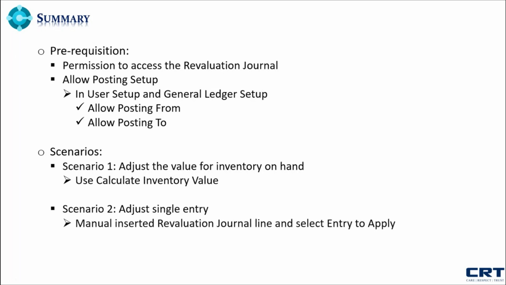In this scenario we manually insert the records into the revaluation journal lines and select the applies to entries. Always remember to run the adjust cost item entries before and after you post the revaluation journal.